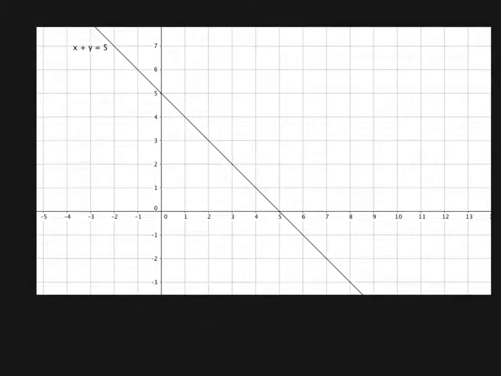So let us remember that we want to solve or to represent the inequality x plus y is smaller or equal than 5. If we take this point that has coordinates 0, 0, 0 plus 0 is smaller or equal than 5. So this is a good point. You can keep taking other points, like for example that one.